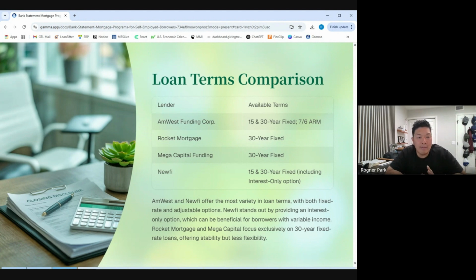Right off the bat, Rocket is very conservative. Though they are non-delegated, and though we can work off the rebate, and though they tend to have very attractive rates, Rocket is very, very conservative, okay? They only offer a 30-year fixed rate on their bank statement program. No ARMs, no 15-year, okay?